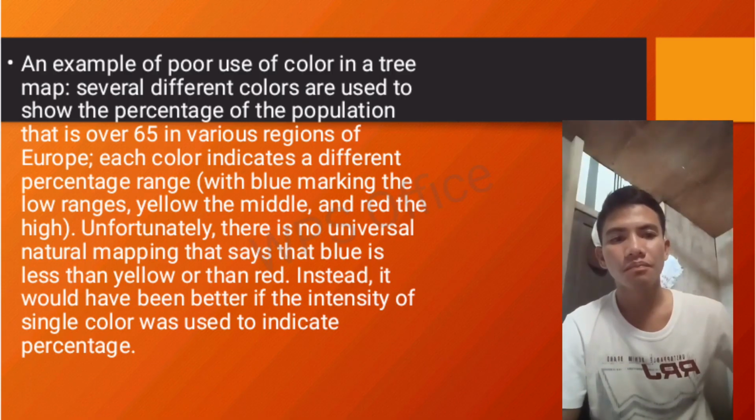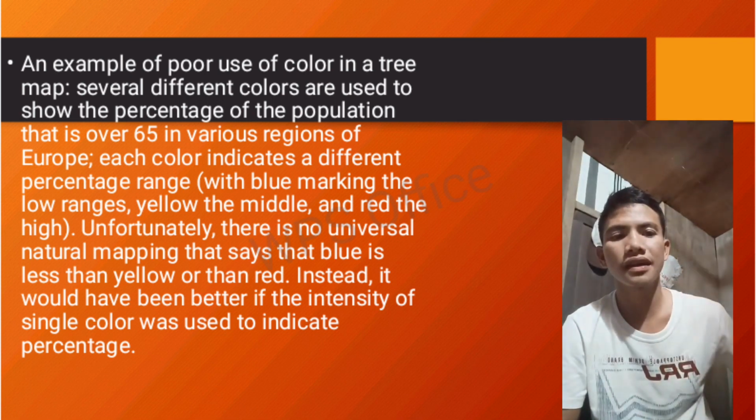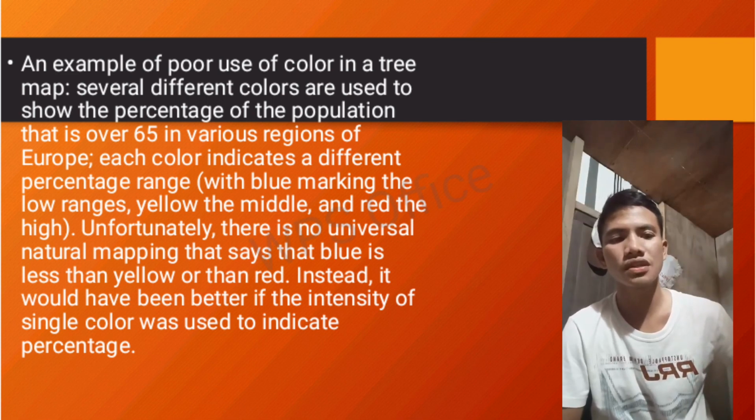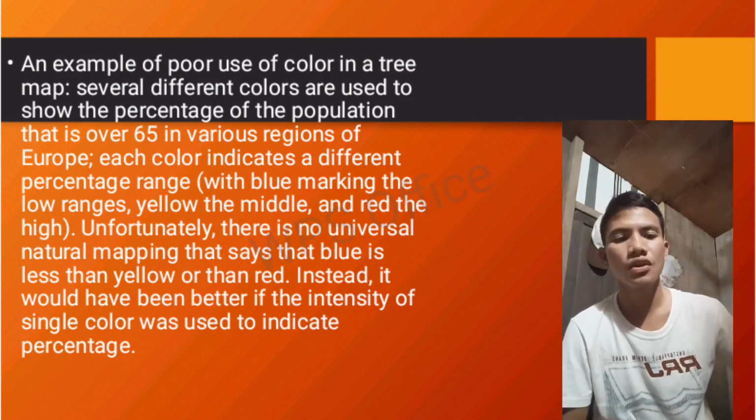An example of poor use of color in a tree map. Several different colors are used to show the percentage of the population that is over 65 in various regions of Europe. Each color indicates a different percentage range, with blue marking the low, yellow the middle, and red the high.